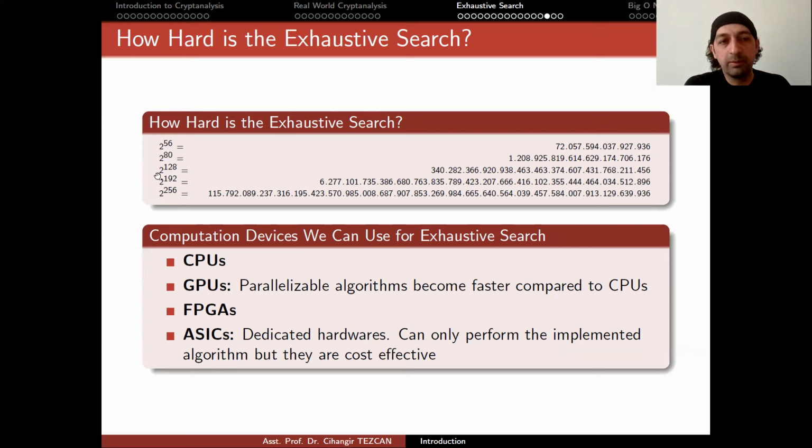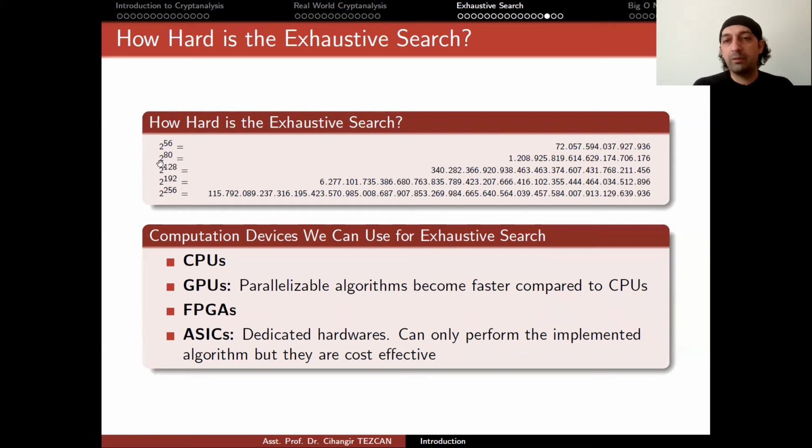This is very important, because assume that due to technological advancement, we have very fast CPUs, GPUs, and so on, and we assume that we can use every device in the world and perform an exhaustive search attack on 80-bit PRESENT in a single second. So assume that we have that much power.